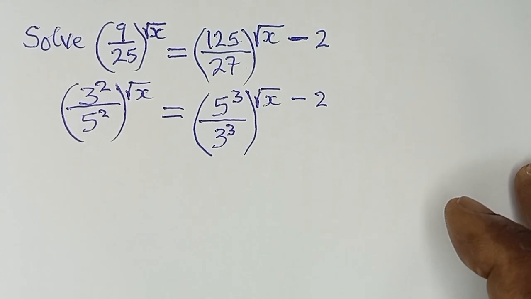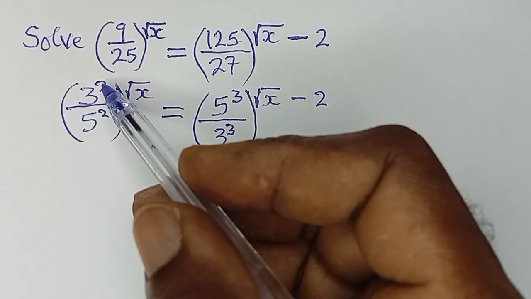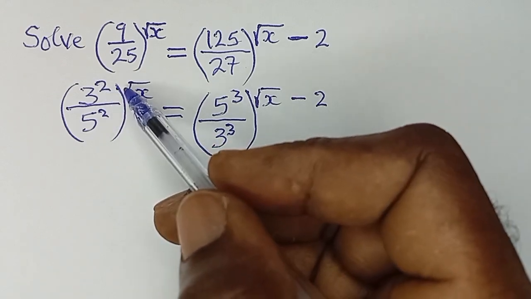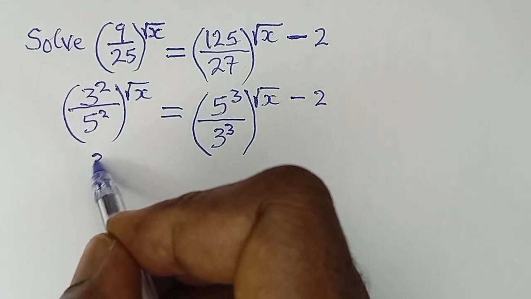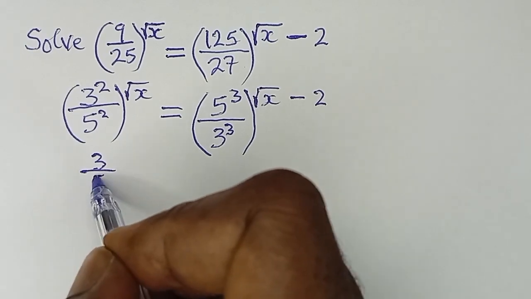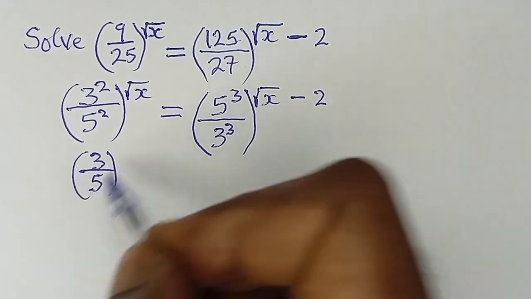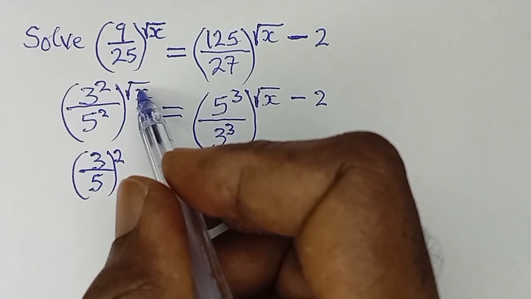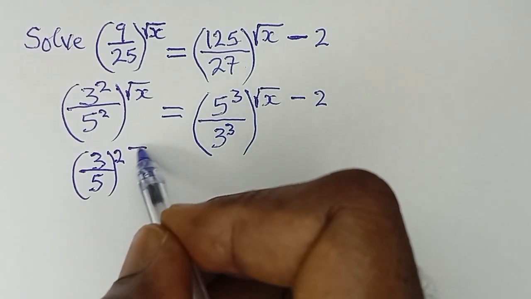Now, when the powers inside the brackets are the same, we can simply factor it and bring it outside the bracket. So this can be written as 3 over 5. Because the powers are the same, I bring out the power, and that power multiplies the power that is already outside the bracket, which is √x.